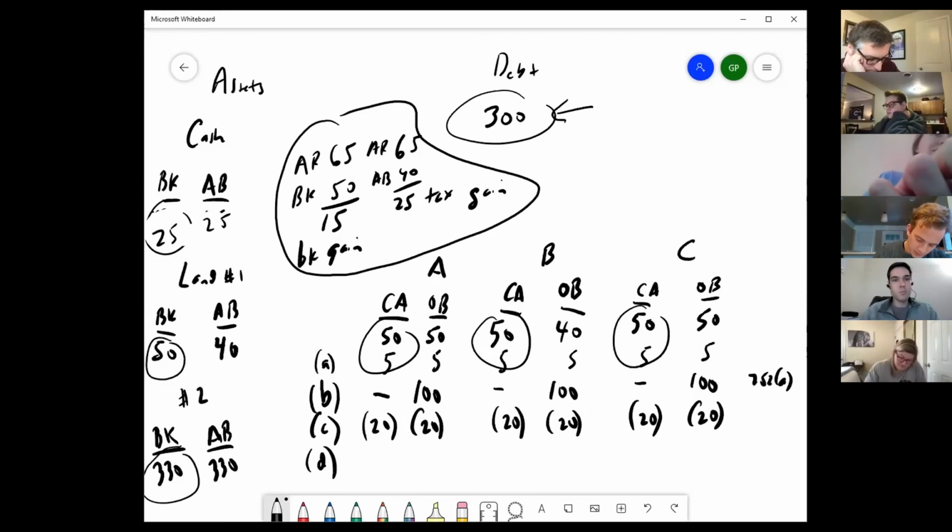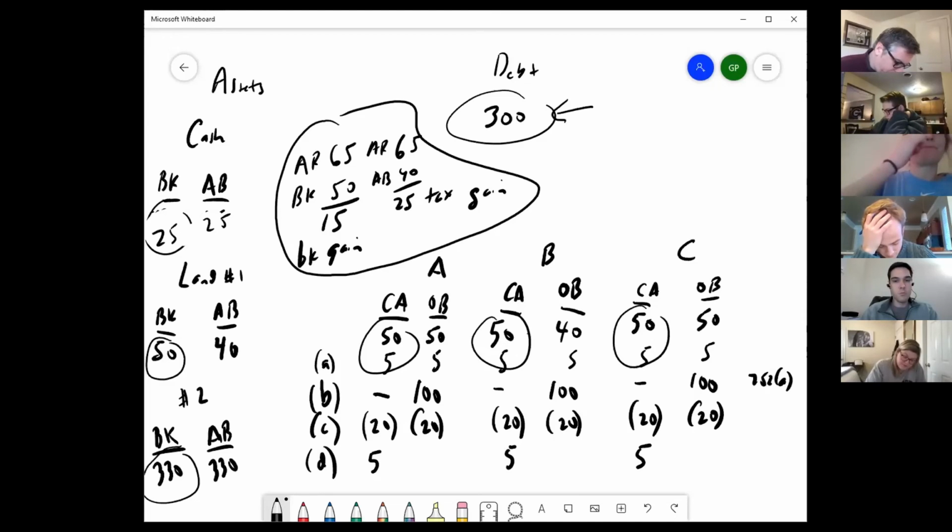We have to allocate. Now the book gain is pretty simple. We allocate it the way the partners have agreed, which would be 1/3, 1/3, 1/3. The 25 of tax gain is a little bit trickier, but remember when B contributed the property with 10 of built-in gain.